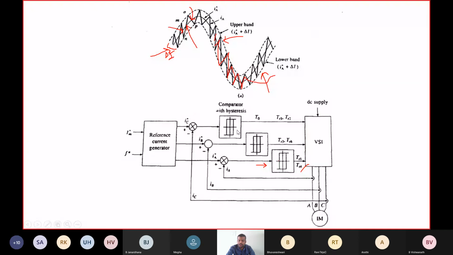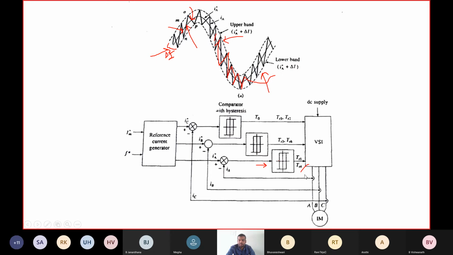In the comparator, we compare them with the motor currents that we obtain here from the motor terminals, the different motor currents IA, IB and IC.